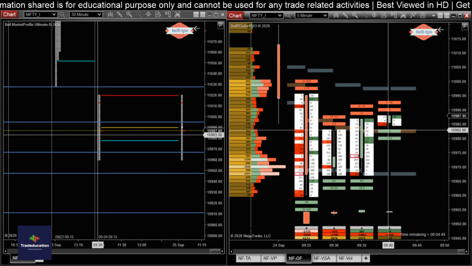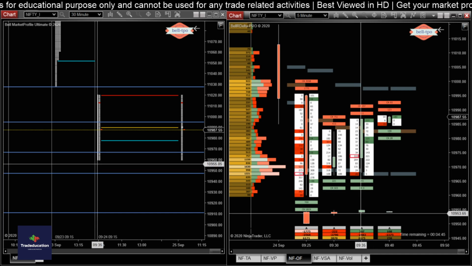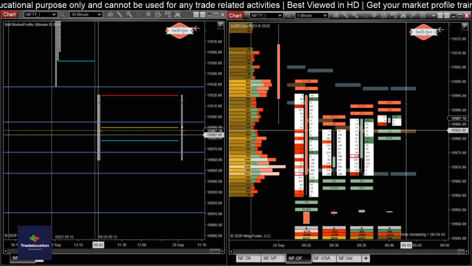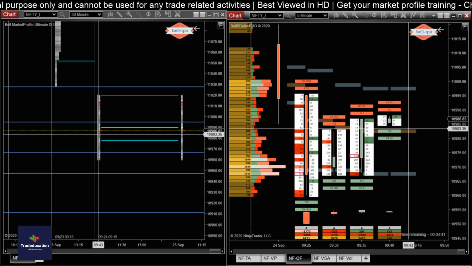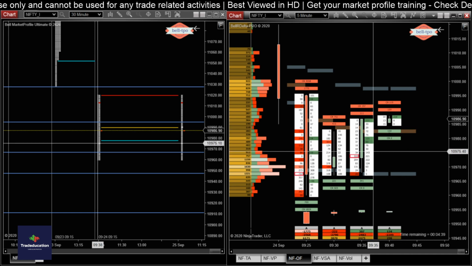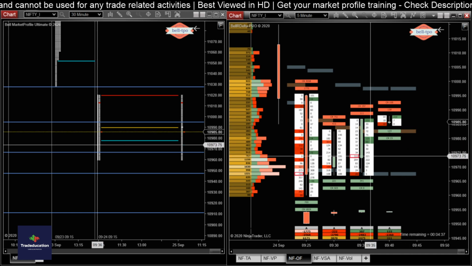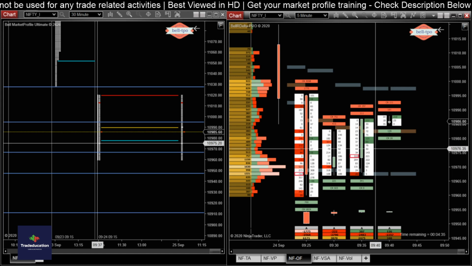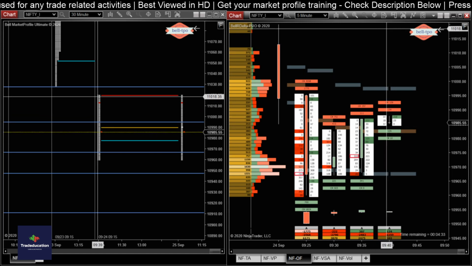So now the high is broken. So now a good trade setup of going long. Delta has turned positive. So what you can do is you can go long, keeping a stop loss at this level, that is 10,973, with the target of filling this gap.